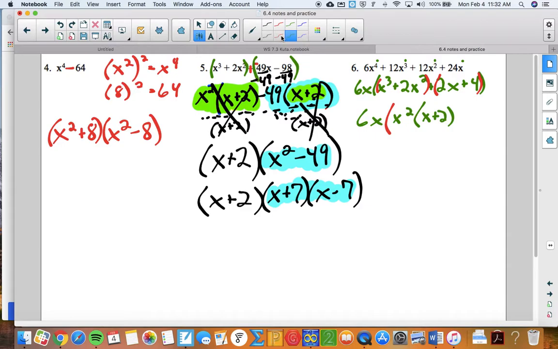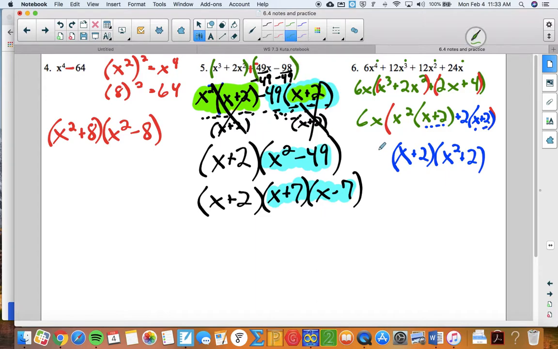And then out of the second set of parentheses, I can factor out a 2. And realize when I do that, I'm left with x plus 2. And notice that what's left in the parentheses matches. So I'm going to factor an x plus 2 out of the green term and the blue term. When I factor an x plus 2 out of this term, I'm left with x squared. And when I factor an x plus 2 out of this term, I'm left with a 2.